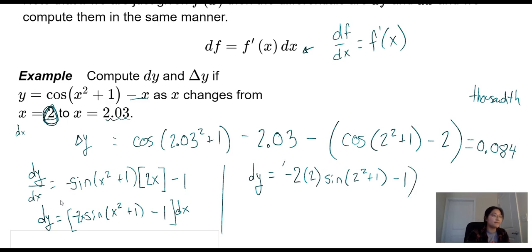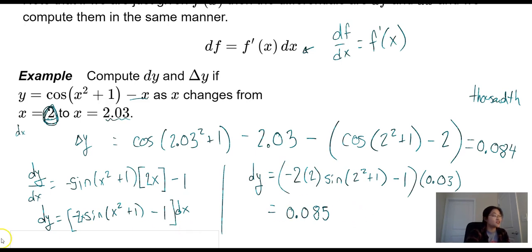And all of this I'm multiplying by my differential of x, which is 0.03. Okay, and then when you calculate that, you get like 0.085, which, these are pretty close. So that's nice that our change in y that we calculated is only a thousandth off from our differential. But some other times, you know, that really might not be the case.